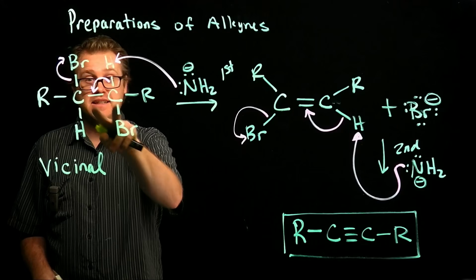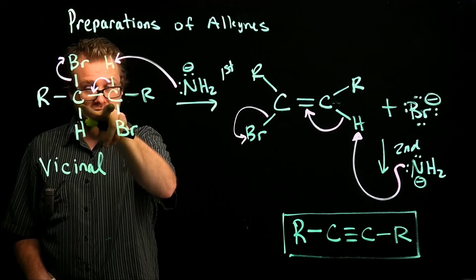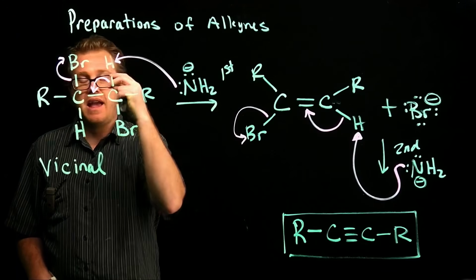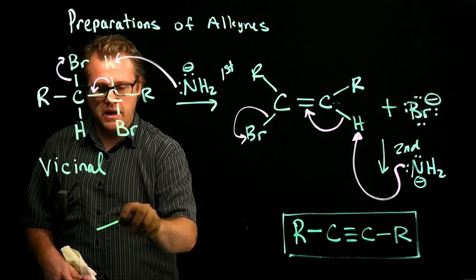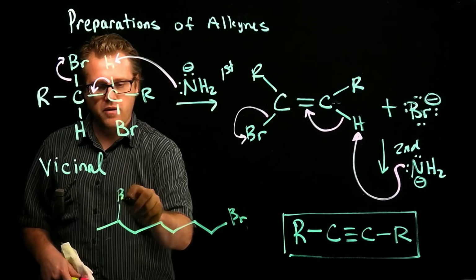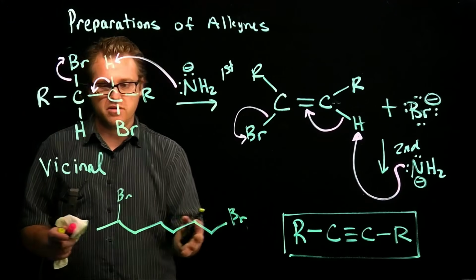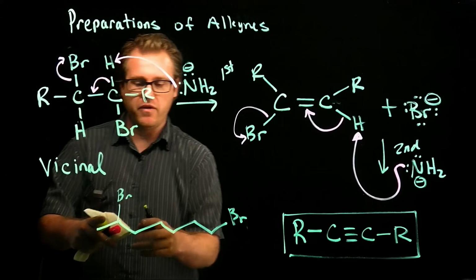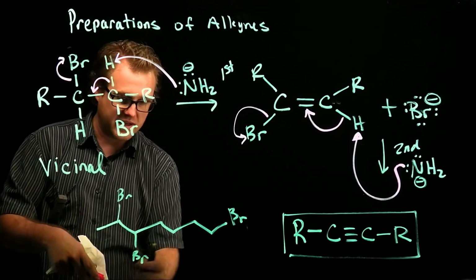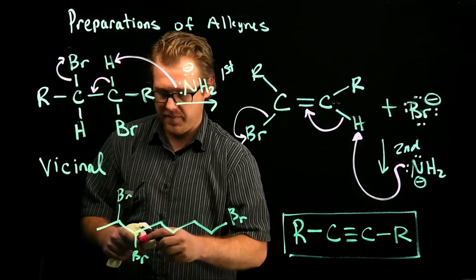Now, the halides have to be on 2 carbons that are adjacent to one another. Okay, that's really important. You can't just have a long molecule like this, a bromine over there and a bromine over here, and call those vicinal dialkyl halides. No, vicinal means that they have to be right next to each other. So that is vicinal. That is not.